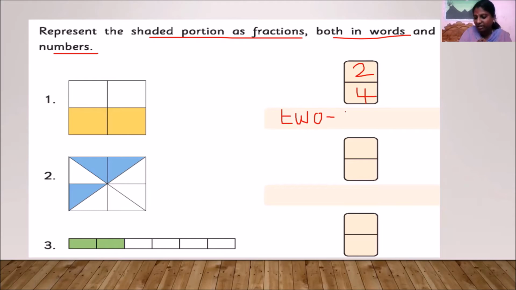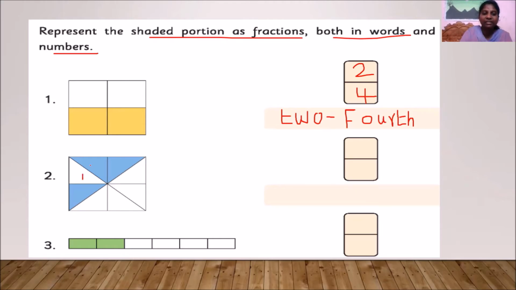Then you have to write fourth, F-O-U-R-T-H. Two-fourths.